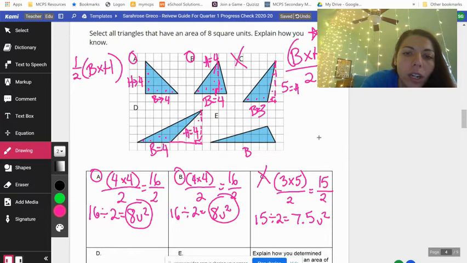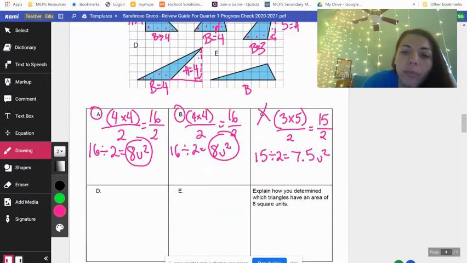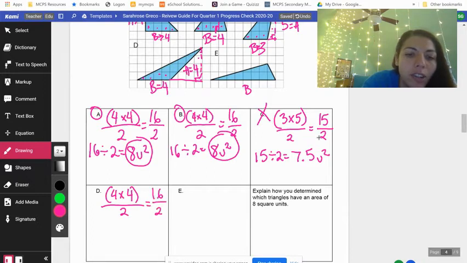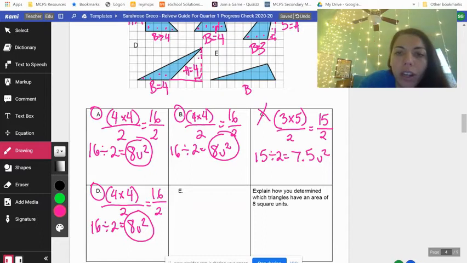Height is 4. Okay, let's scroll down a little bit. So again, base was 4. Height was 4. I think it's going to work. 16 over 2. 16 divided by 2 is going to give us 8 units squared. D works.